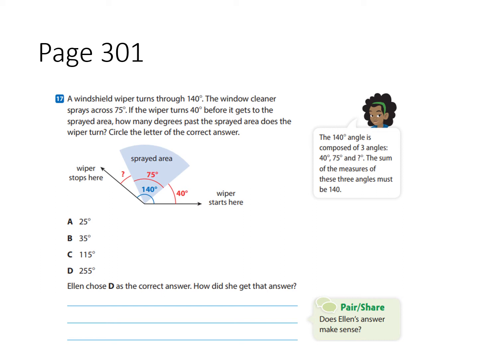On the right, it says the 140-degree angle is composed of 3 angles, 40 degrees, 75 degrees, and then the one that we're trying to figure out. The sum of the measures of these 3 angles must be 140 degrees. So go ahead and choose your answer. And then the second part says, Ellen chose D as the correct answer. How did she get that answer?